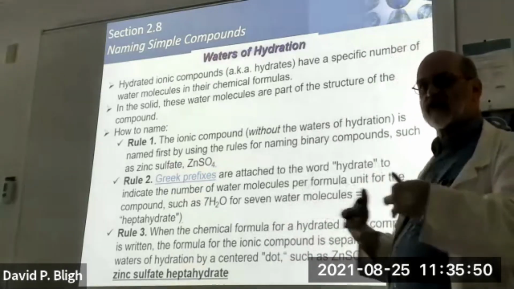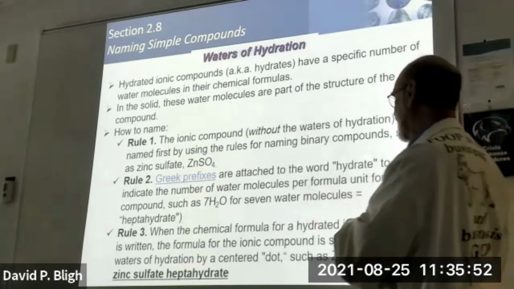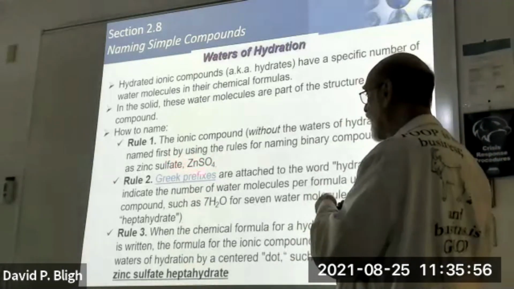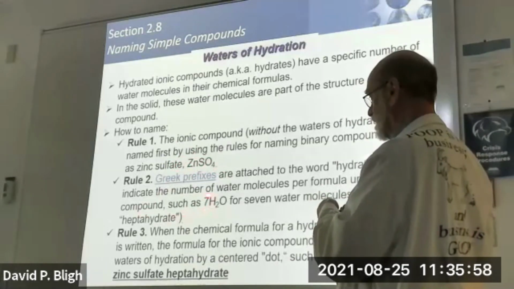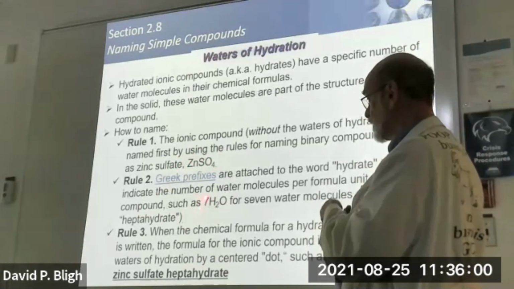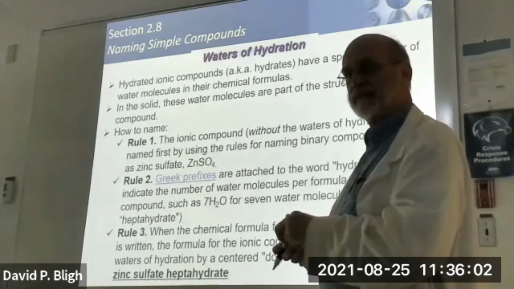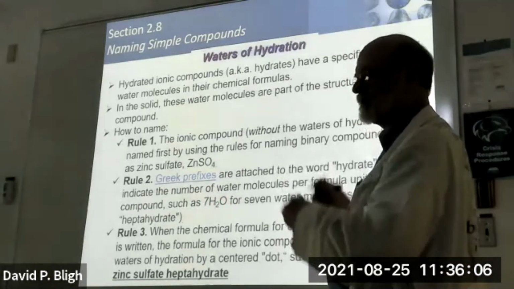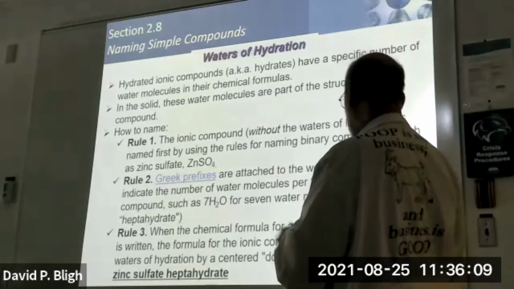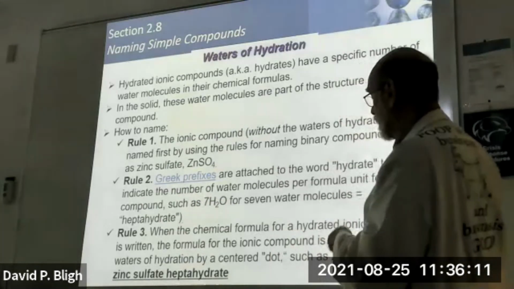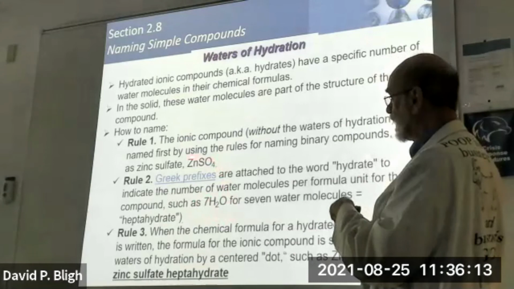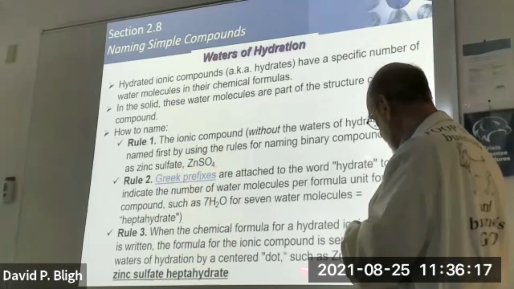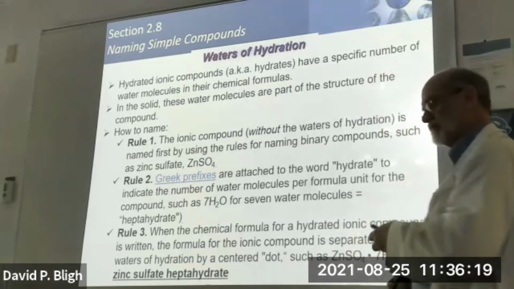And we need a convention for defining that. As it turns out, one of the possible hydrates of zinc sulfate is 7 waters. There are usually more than one possibilities, but in this case, this is the most common. And how would you write that? Well, you have to say how many waters are associated with 1 unit of zinc sulfate, and we do that here with this dot.